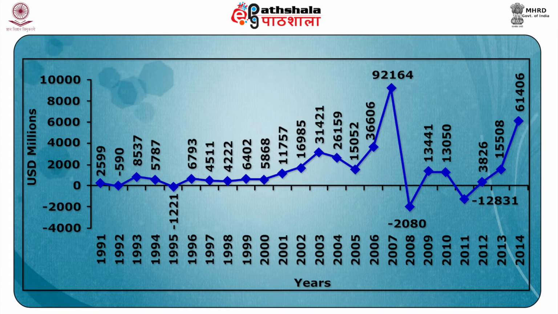The balance of payment had increased after a negative $12,831 million in 2011 to $61,405 million in 2014. This is due to the persistent fall in the current account deficit since 2011.